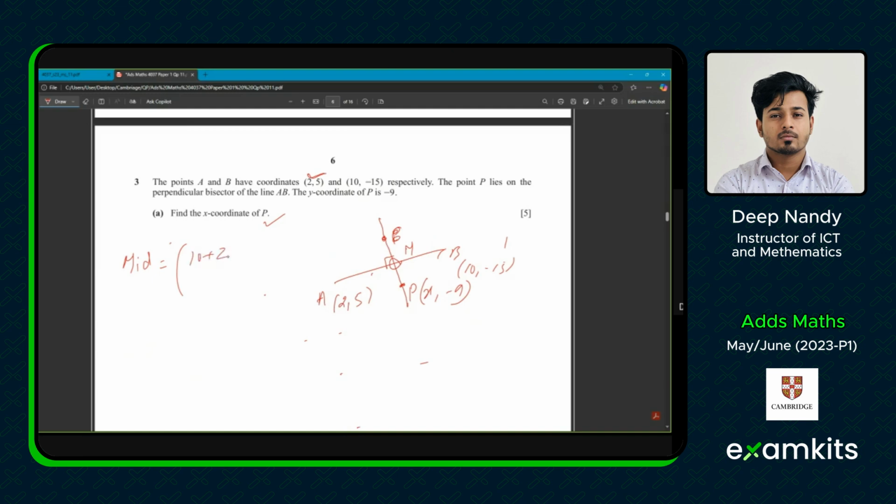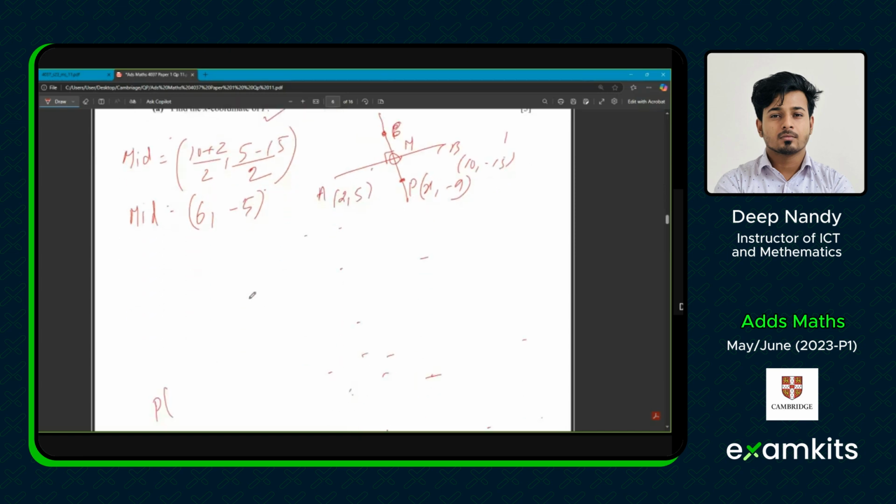So (10 plus 2) divided by 2, and (5 minus 15) divided by 2. So midpoint equals (6, minus 5). The midpoint formula is defined by (x1 plus x2) divided by 2, (y1 plus y2) divided by 2.